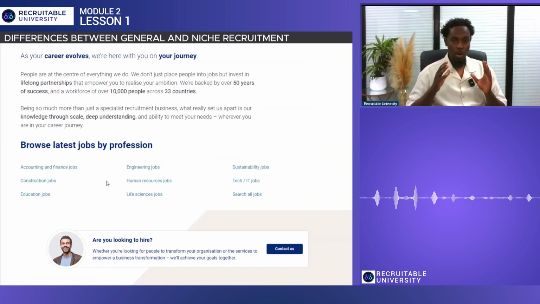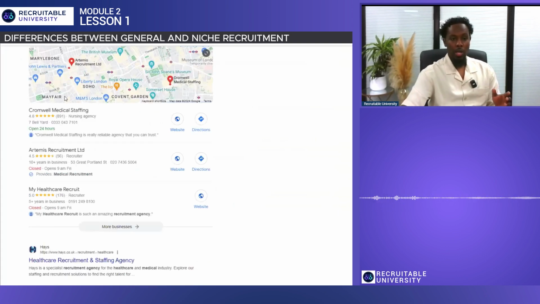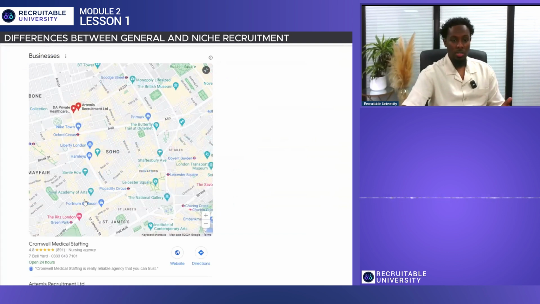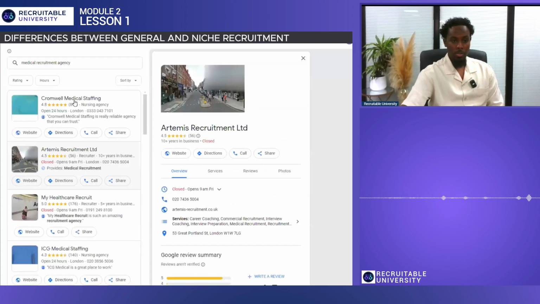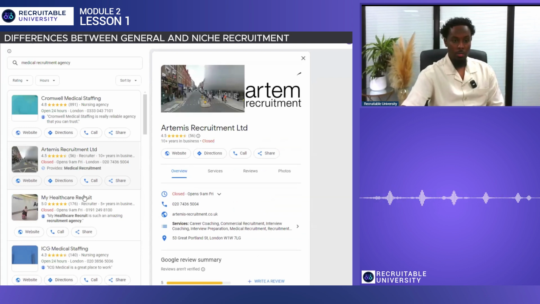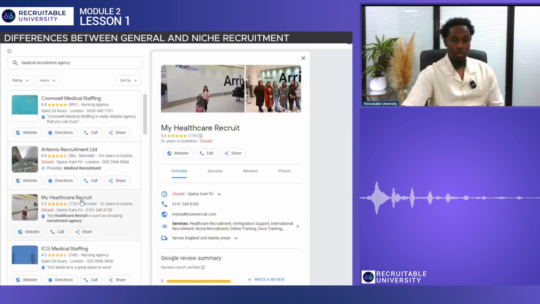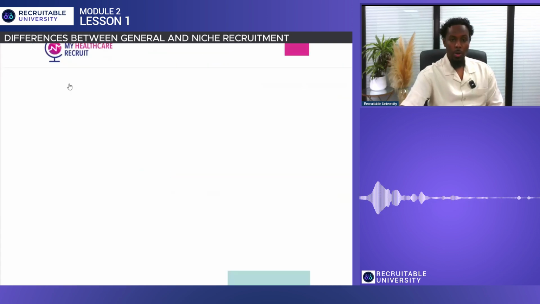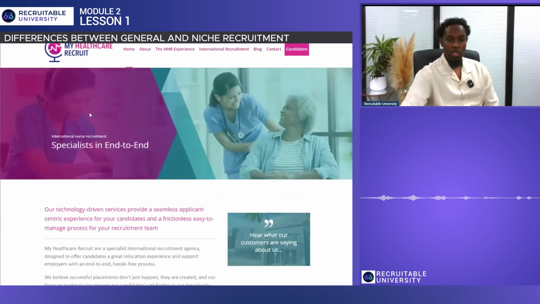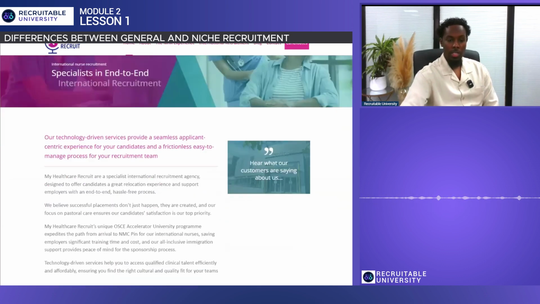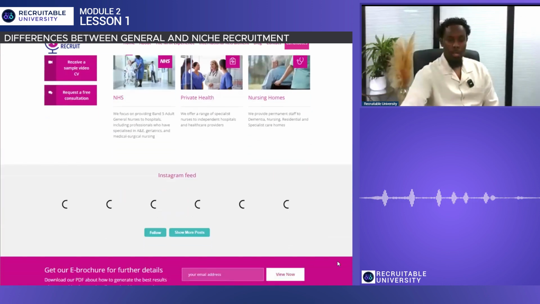They don't just focus on a specific niche, as opposed to if we go into medical recruitment agencies. Let's just select any of them here. We've got Cromwell Medical Staffing, not heard of them, or My Healthcare Recruitment. If we go on their website, we'll notice that these guys, as you can see here, are specialists in healthcare.